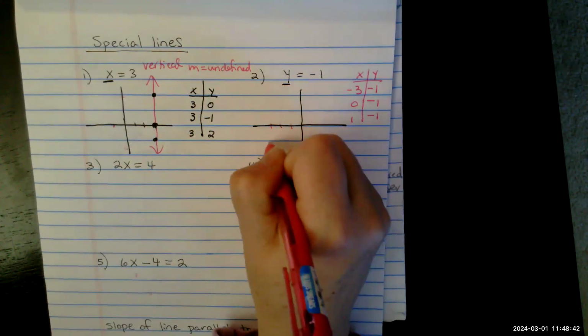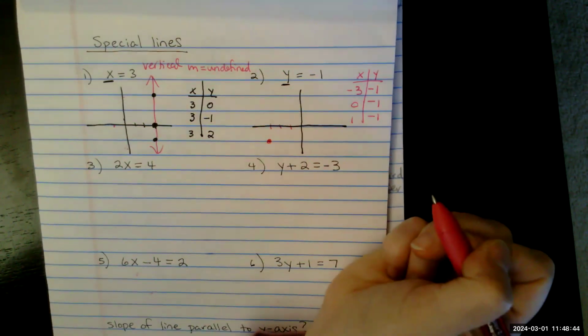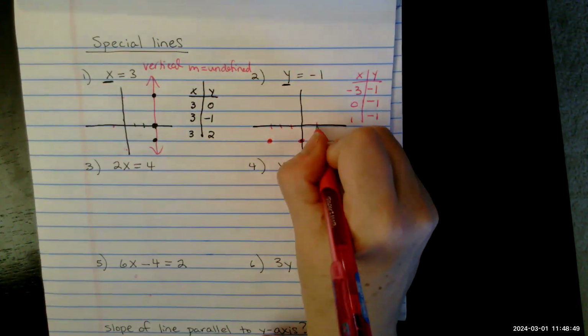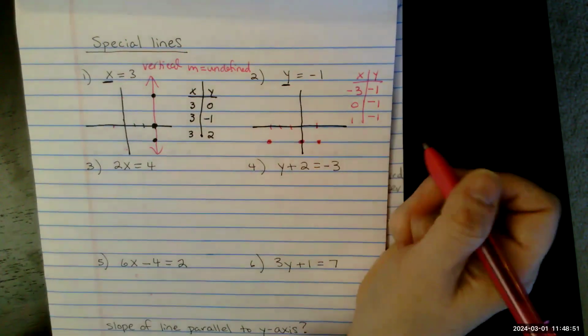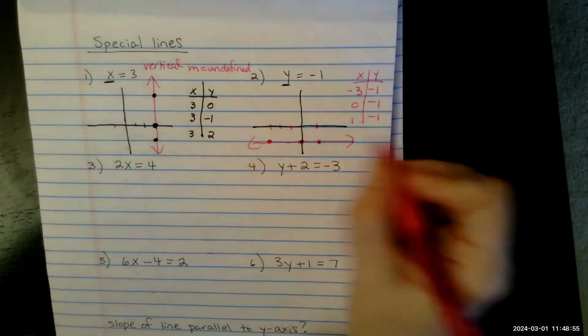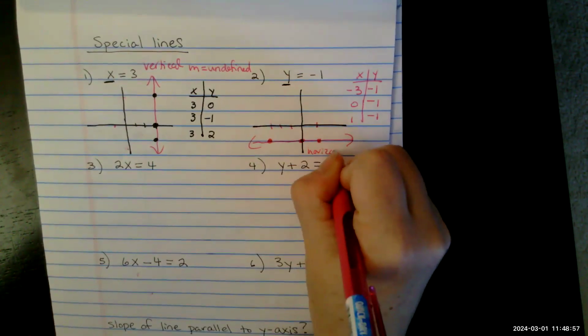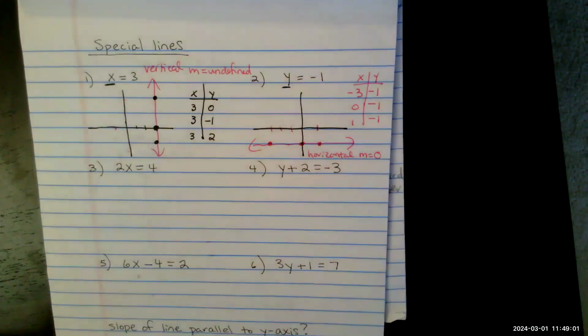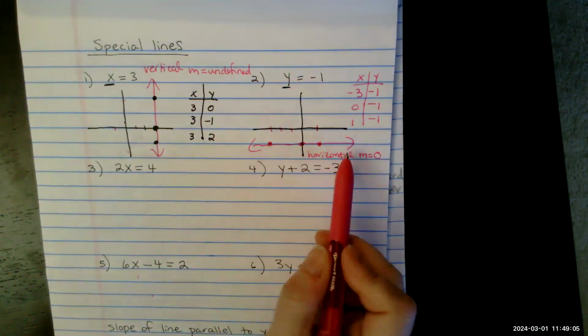So -3, -1 would be here. 0, -1 would be here. And 1, -1 would be here. So yes, it is the opposite. It is the horizontal line. And that means my slope, if they ask me, I know is 0 because the slope is always 0 for a horizontal line.